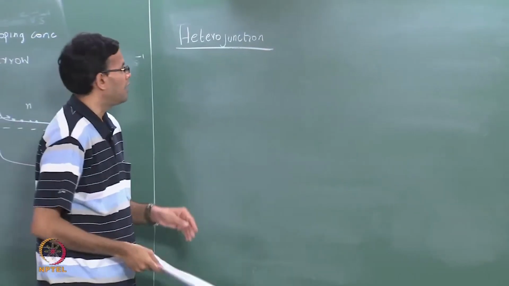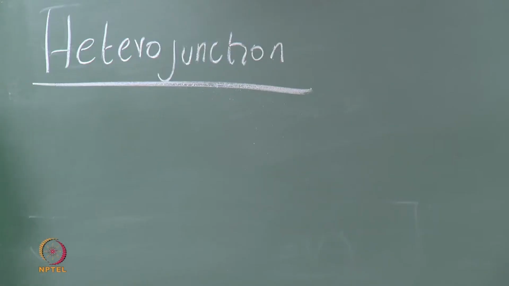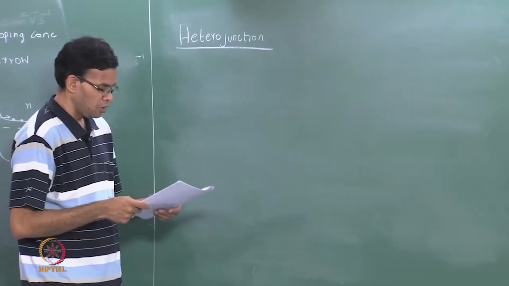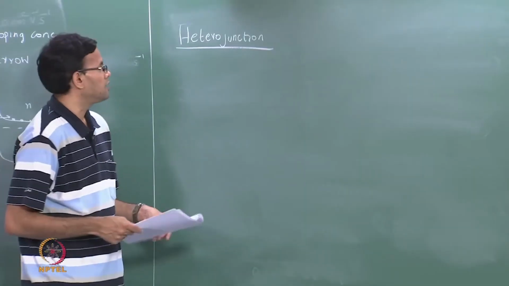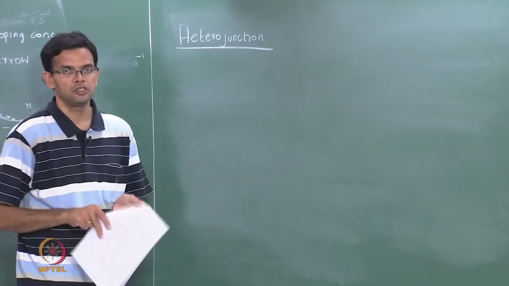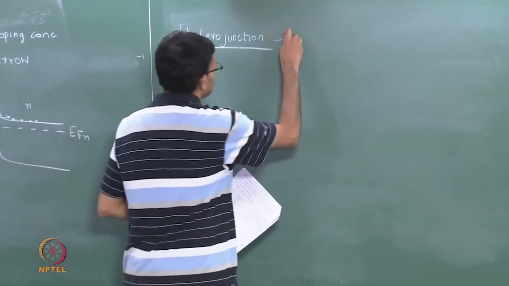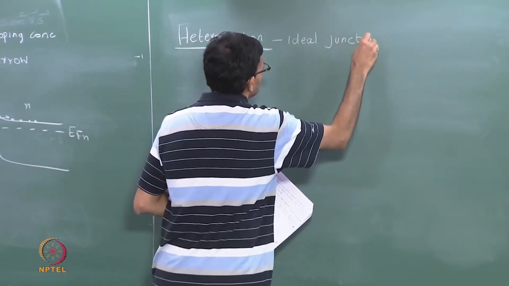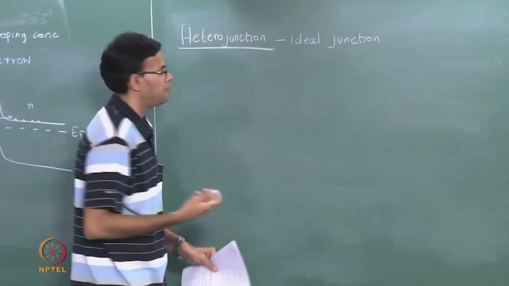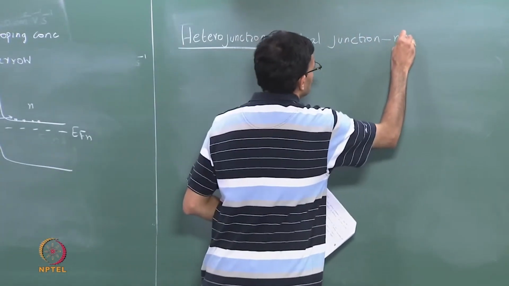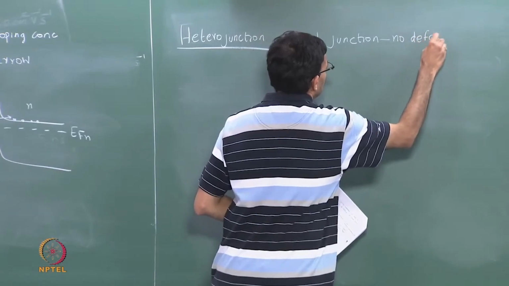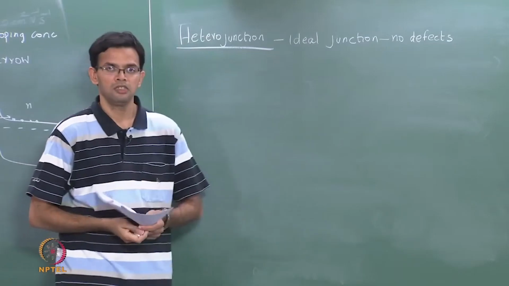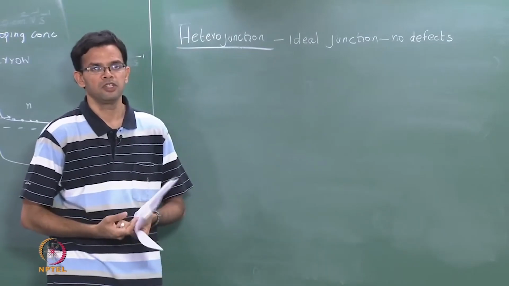So, now you have a heterojunction, so that you have a junction formed between p and n type of different materials. Once again, when we have such a heterojunction, we are going to assume that you have an ideal junction with no defects. So, this imposes a restriction on the types of materials that we can choose.